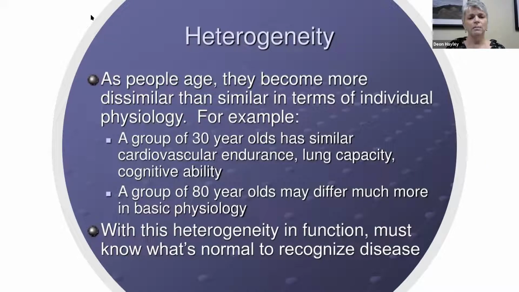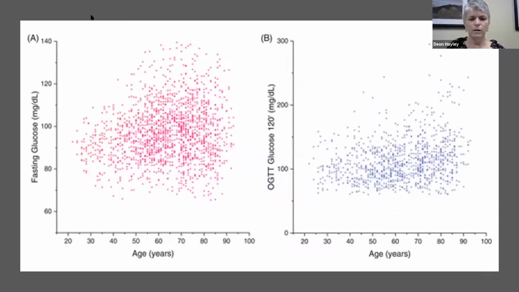So you get the idea. I have a slide here that is a little harder to see, but you can see in the 30-year-olds that normal, this is blood sugars first thing in the morning, ranges from about 70 to 110.